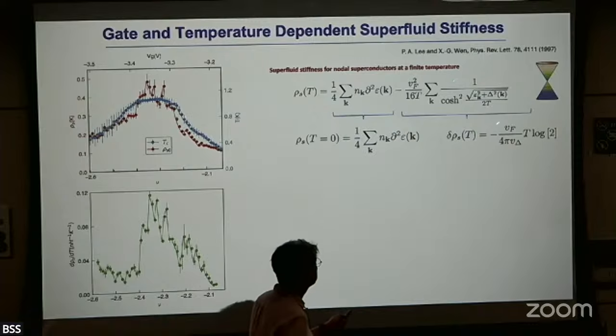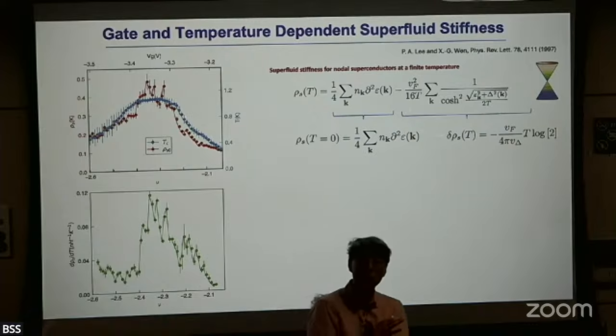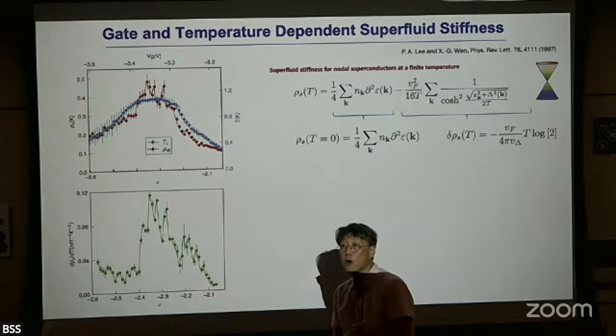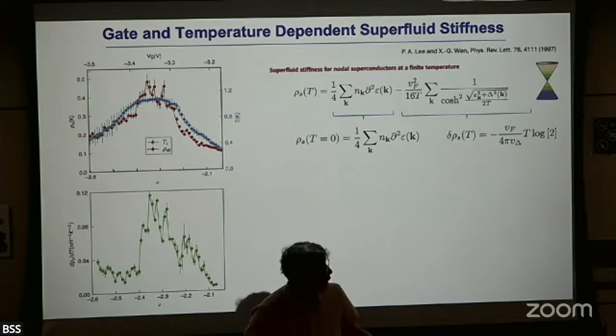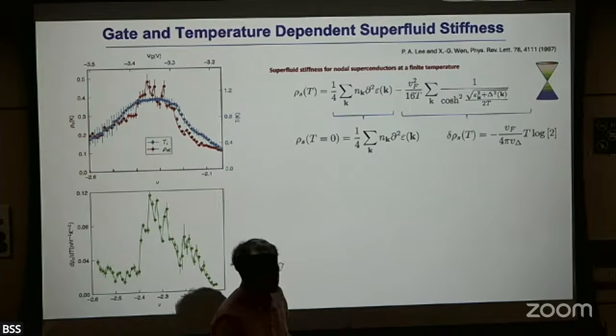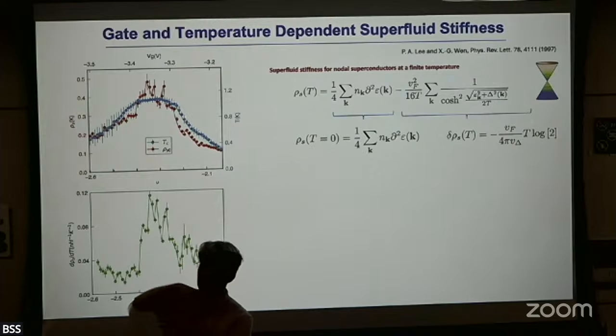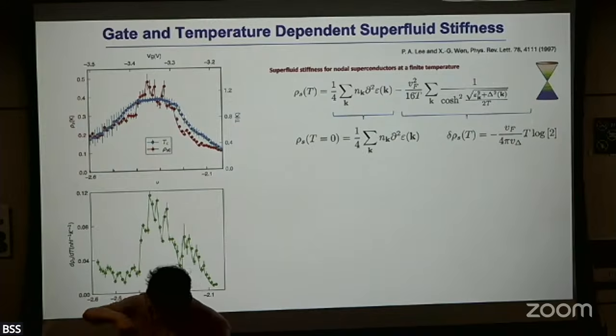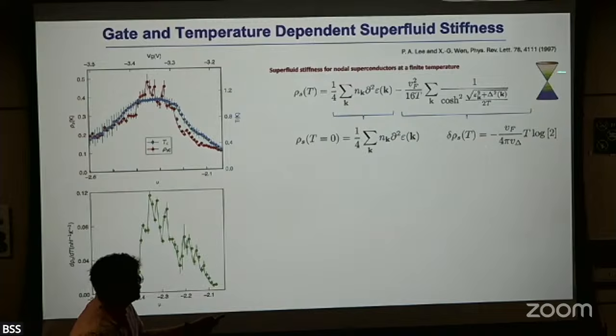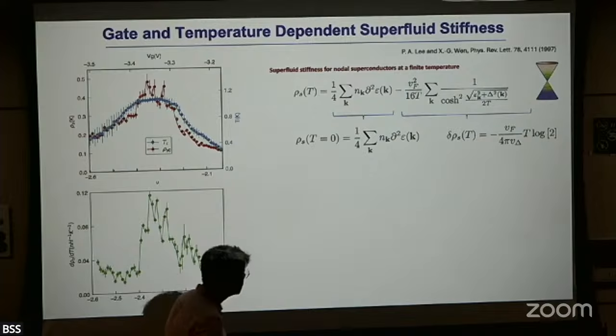The temperature-dependent part is nothing but this: if I have the nodal superconductor, the quasi-particle dispersion is nodal. Of course, there is a nodal velocity as well as the Fermi velocity constituting this Dirac cone-like dispersion of the quasi-particle energy spectrum.